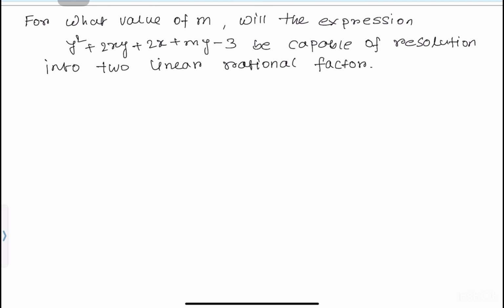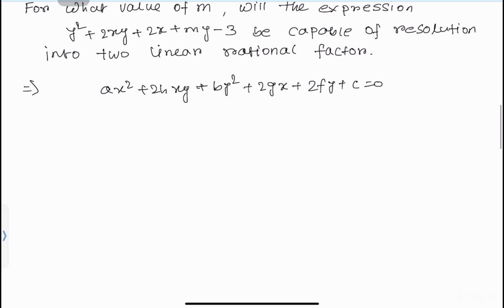First I have to compare with the general equation format: x square plus 2hxy plus by square plus 2gx plus 2fy plus c equal to 0.